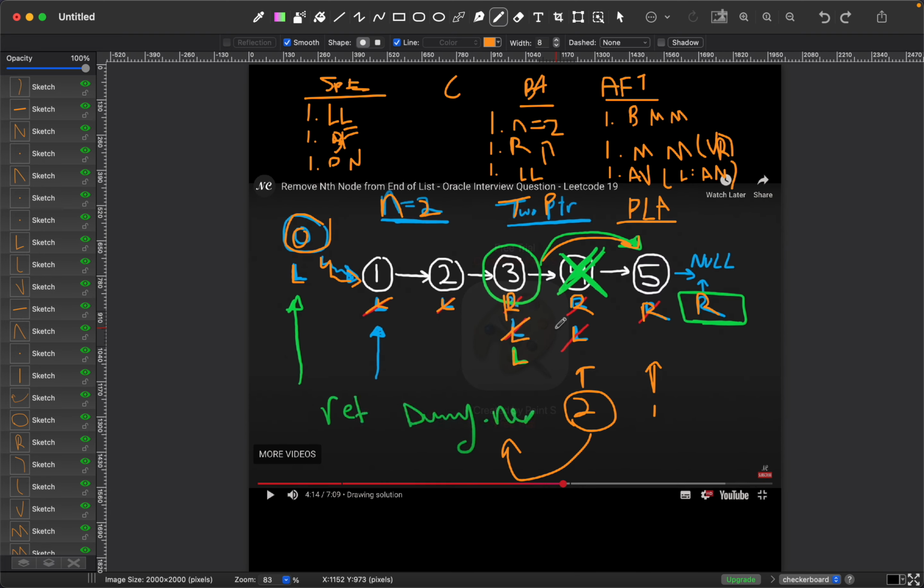So if I want to action verb this 3 to 5, I need to be on this node, I can't be at 4. So I need to make it towards here. So we started creating the dummy node, eventually coming to here, and then we action verb this towards the 5, and that's how we remove the node.